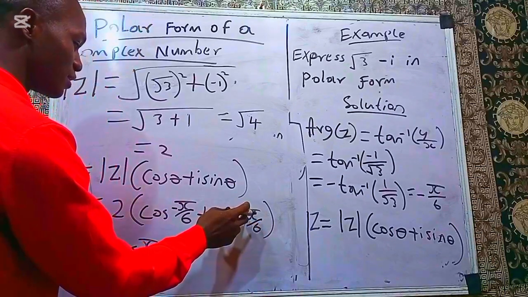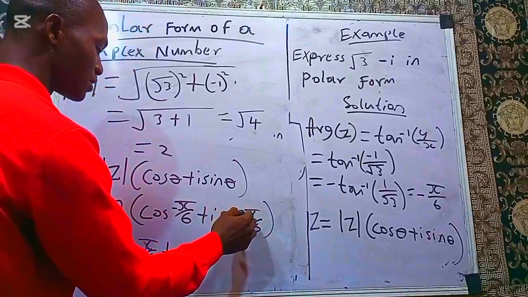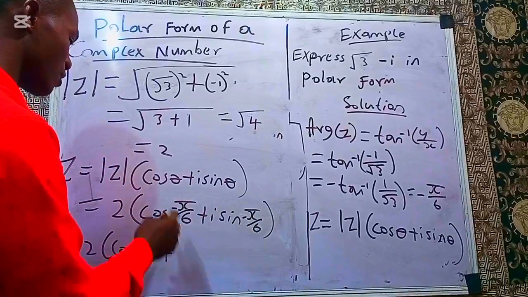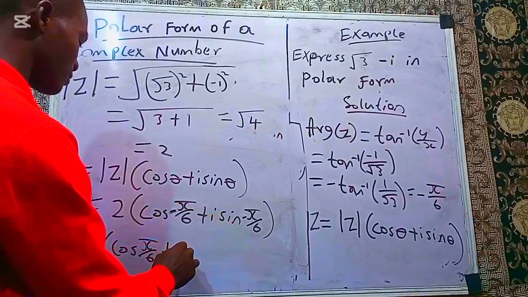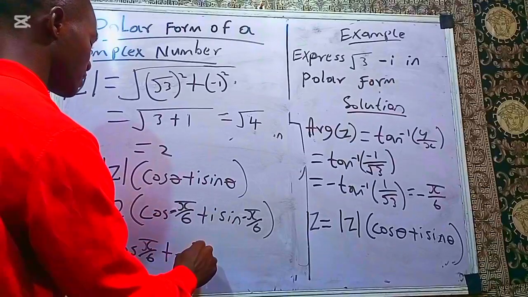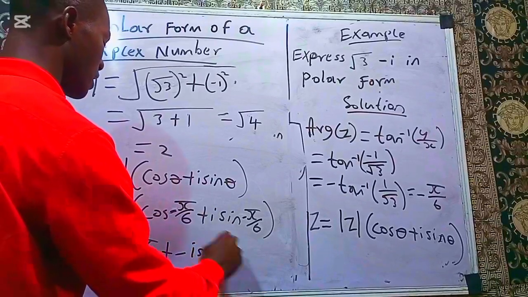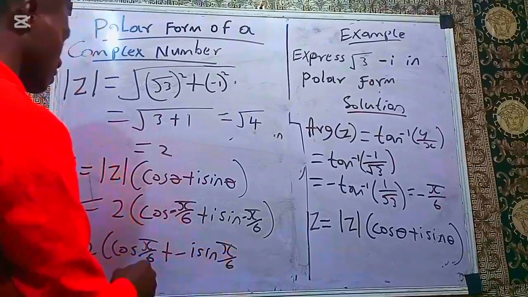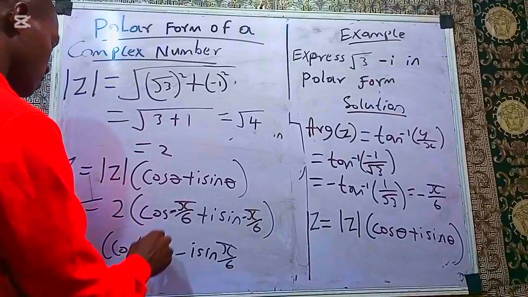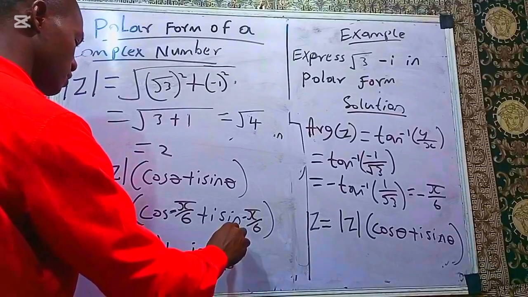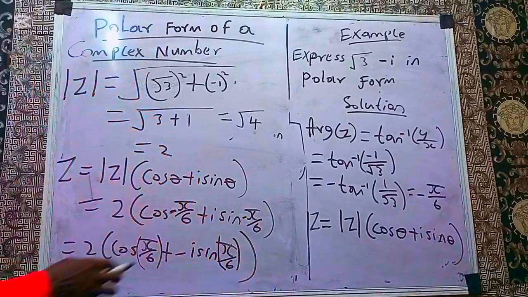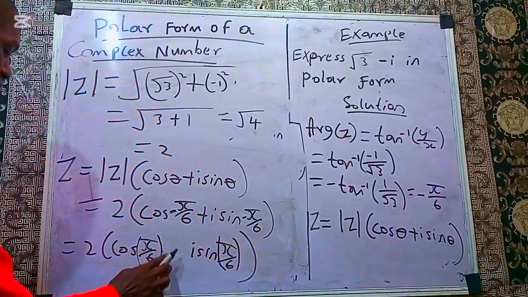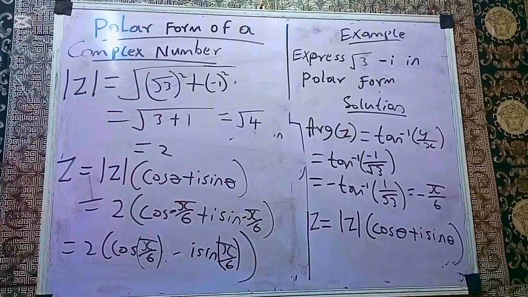So I'll bring the minus out, and I'll have minus i sine pi over 6. This gave us the required answer we are looking for.